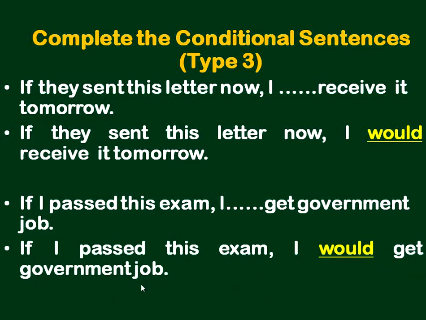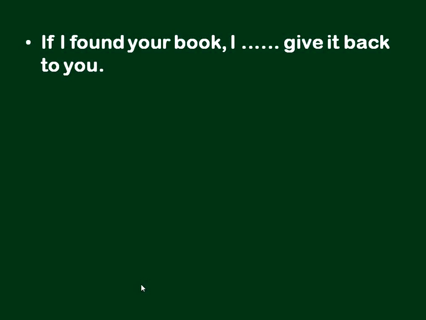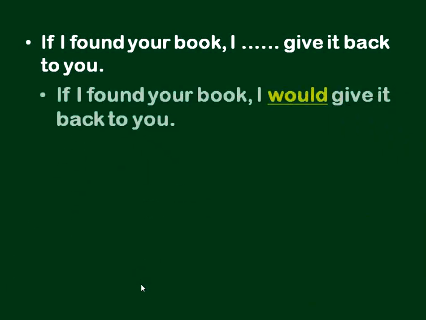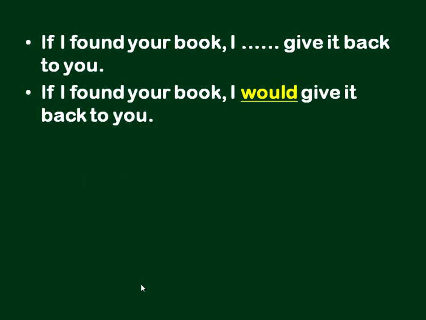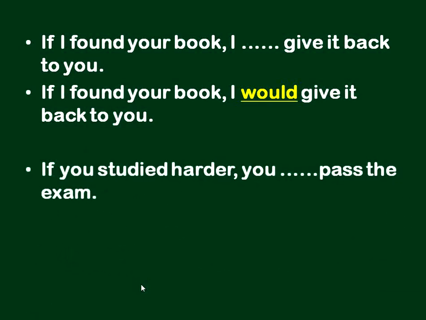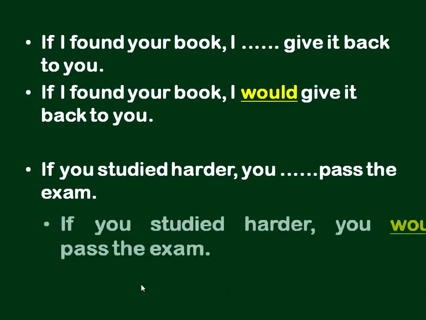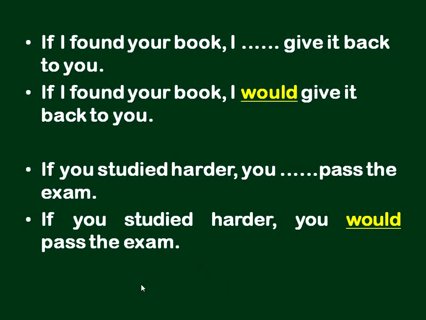If I pass this exam, I would get government job. If I found your book, I dash give it back to you. If I found your book, I would give it back to you. If you studied harder, you dash pass the exam. If you studied harder, you would pass the exam.